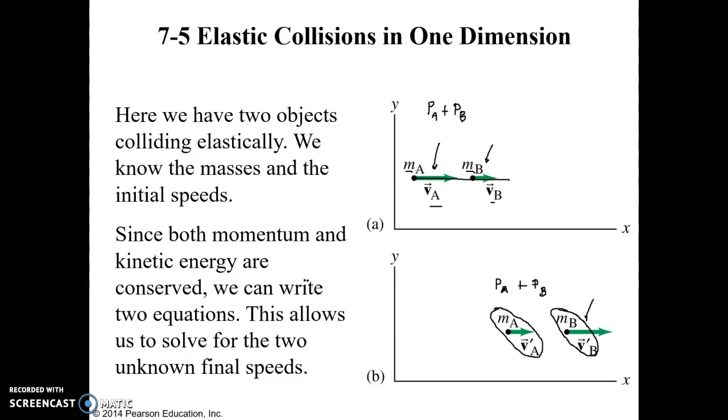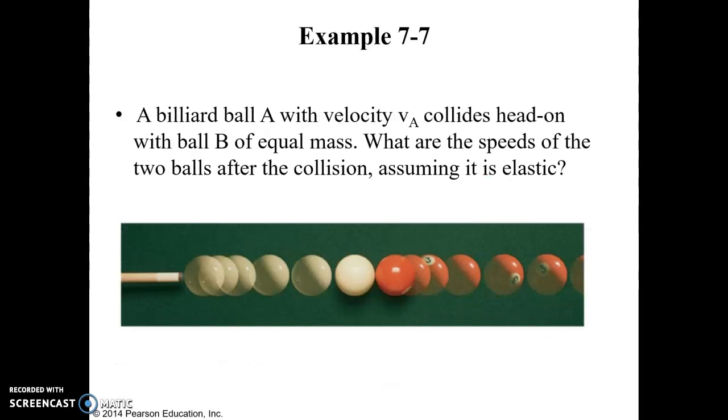Again, this is in one dimension, just in a straight line. I keep mentioning that because if we contrast it with a two-dimensional collision, the math definitely gets more complicated.